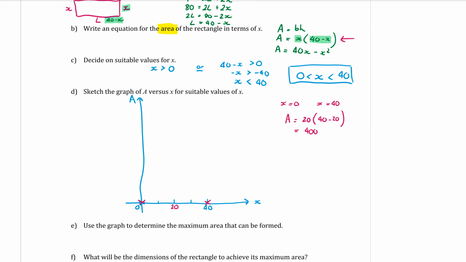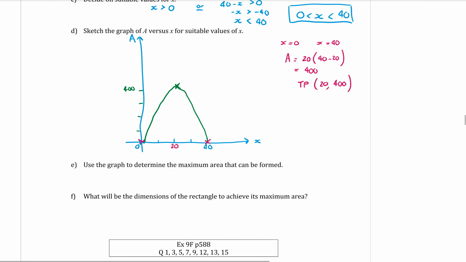So there's my turning point. You can write it here if it makes it easier to see it. My turning point was x is equal to 20, and what we'd normally call our y value, but in this case is our area, 400. So again, you might want to choose a scale to go up here, 100, 200, 300, 400. My turning point is going to be here, which means my parabola looks like, oh, a bit wobbly, looks like that.